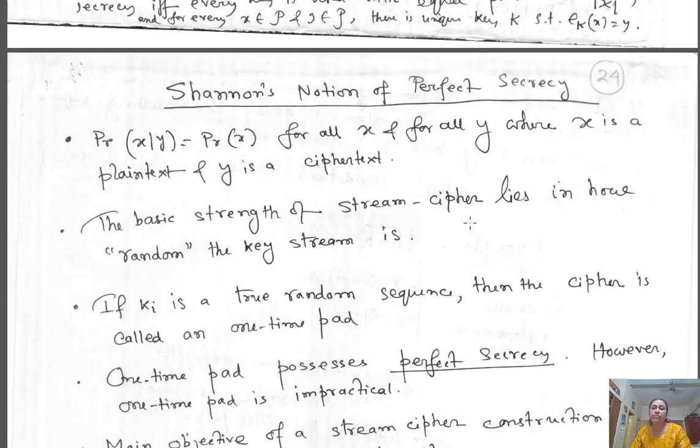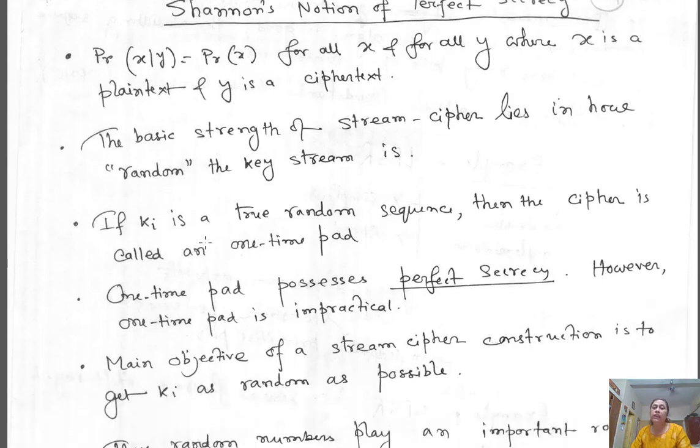Now, the basic strength of a stream cipher essentially lies in how random the key stream is. From the given key, you are generating the key stream. So how random your key stream is, the security of your stream cipher relies on that.